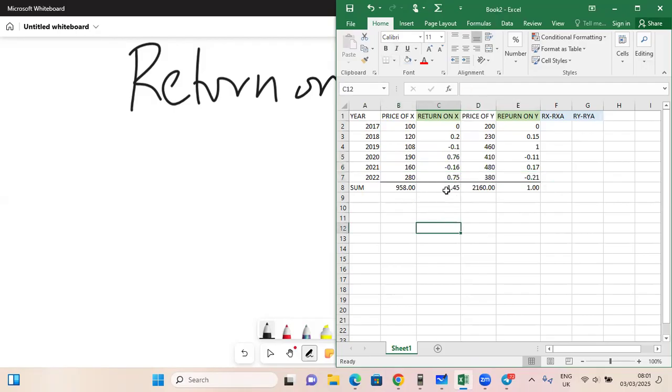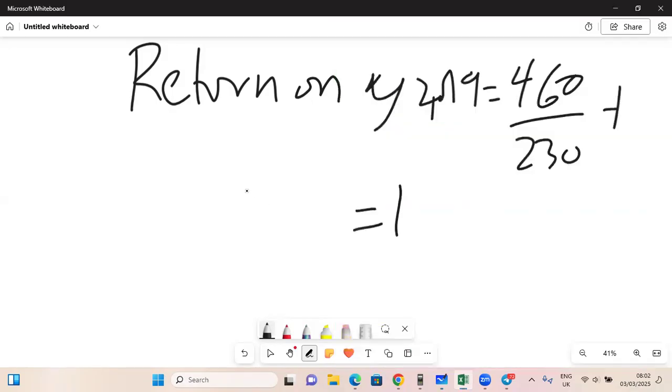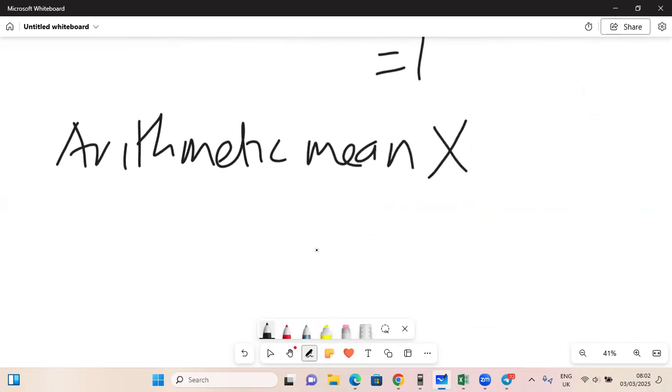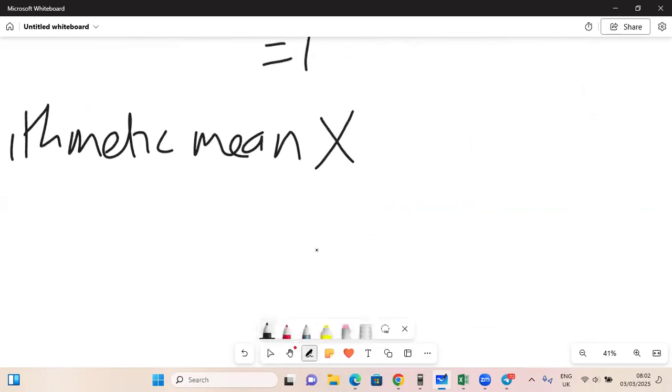Now after we have the totals here, we have to find the arithmetic mean. So the arithmetic mean of assets Y, of X. Let me start from X. It's going to be the sum over N, right?